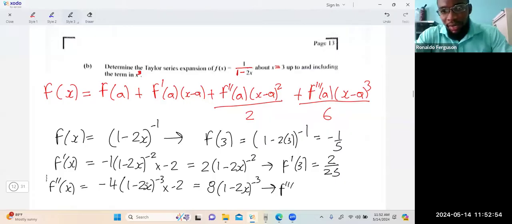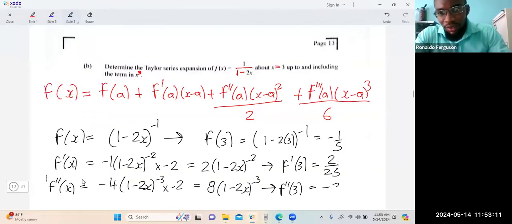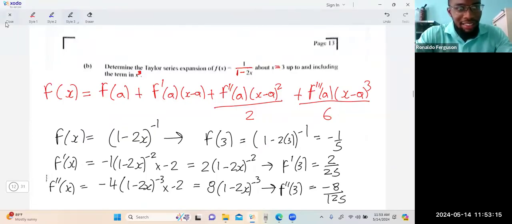So f double prime of 3 equals, change the numerator to be 8, change the denominator to be cubed, and we'll get minus 8 over 125. So far, this paper is shockingly easy.